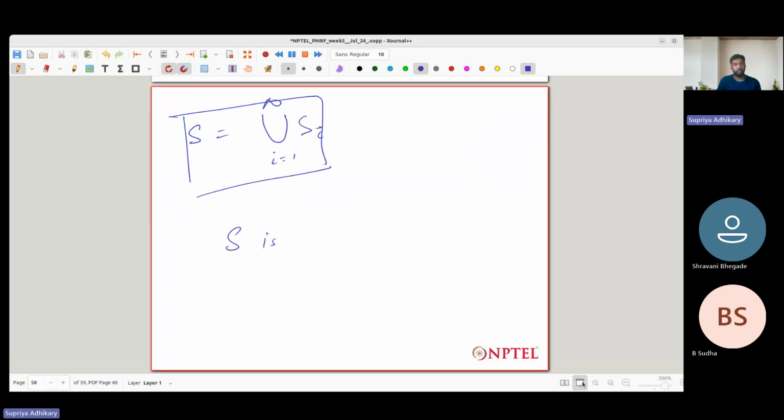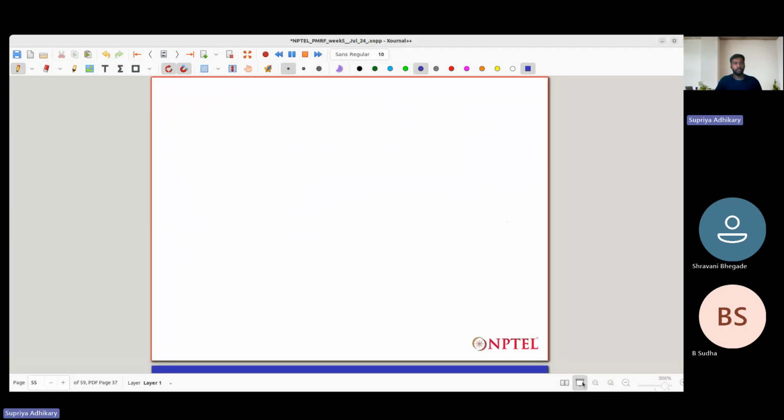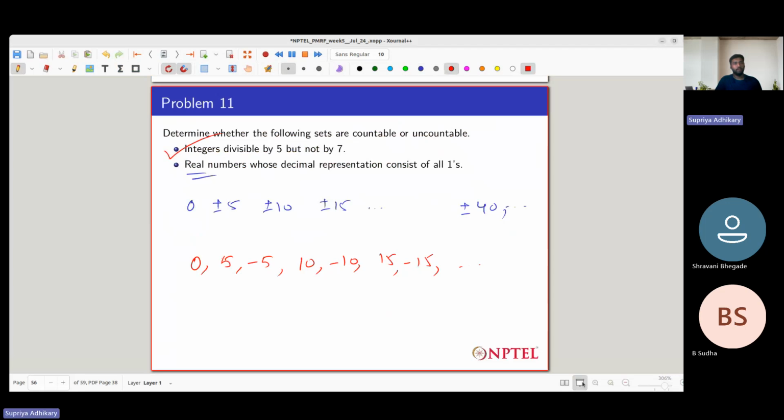So S is also countable. Therefore we can conclude that this is indeed a countable set.